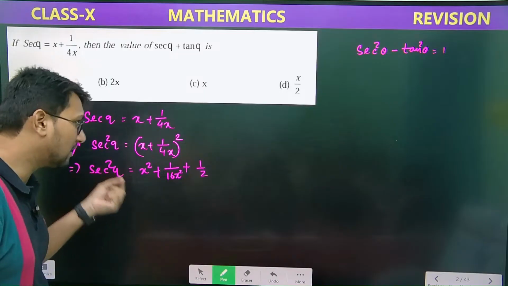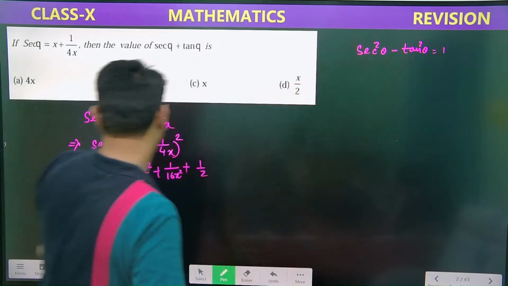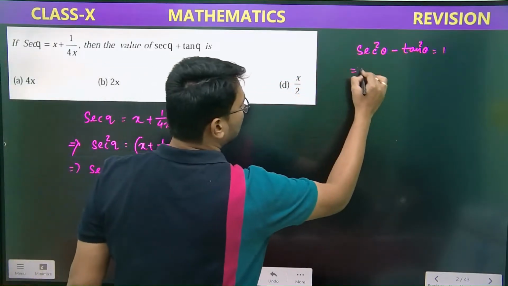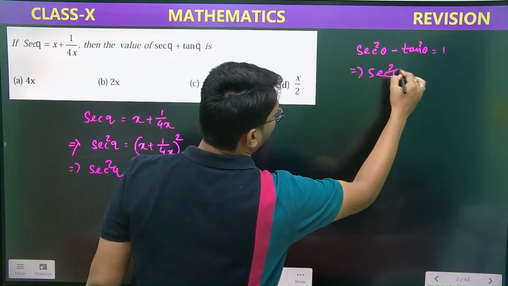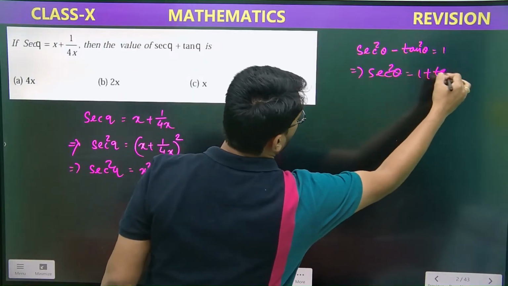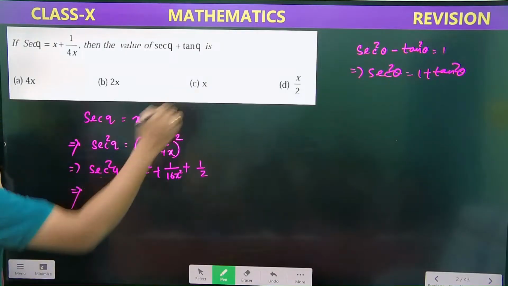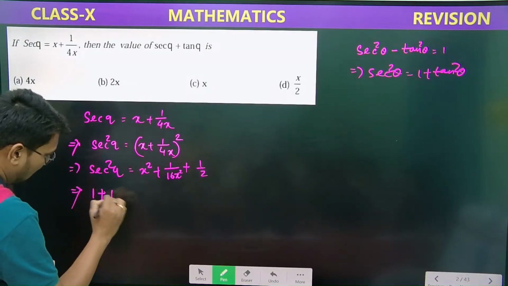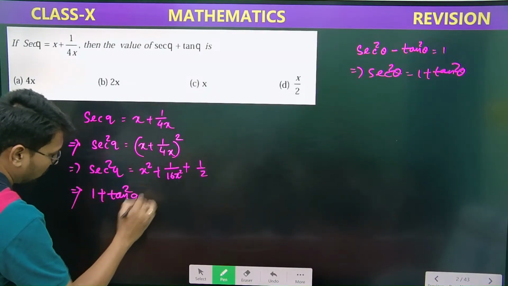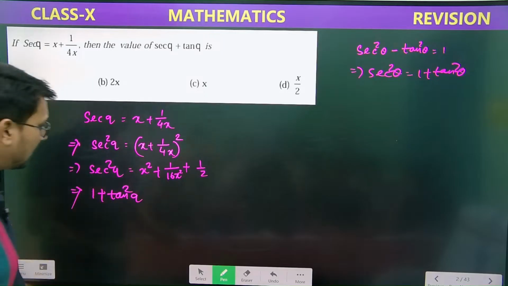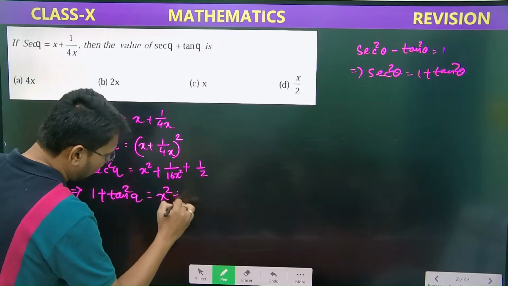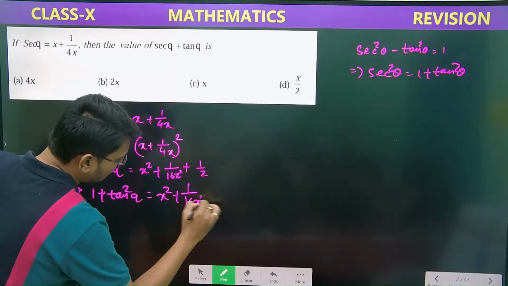Now check karo everyone. Sec square theta is how much? 1 plus tan square theta. So let us replace this value by that one. 1 plus tan square q equals to x square plus 1 by 16x square plus 1 by 2.